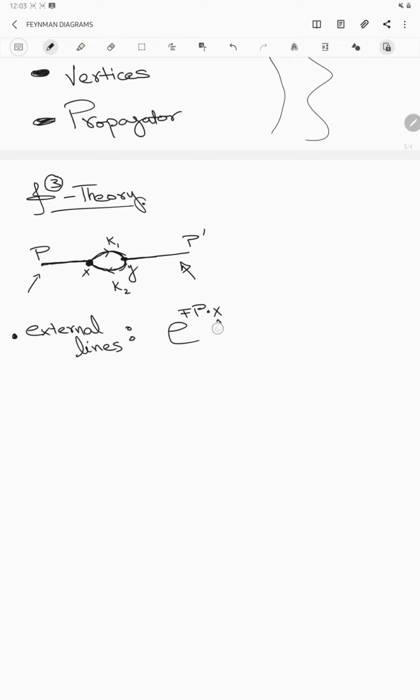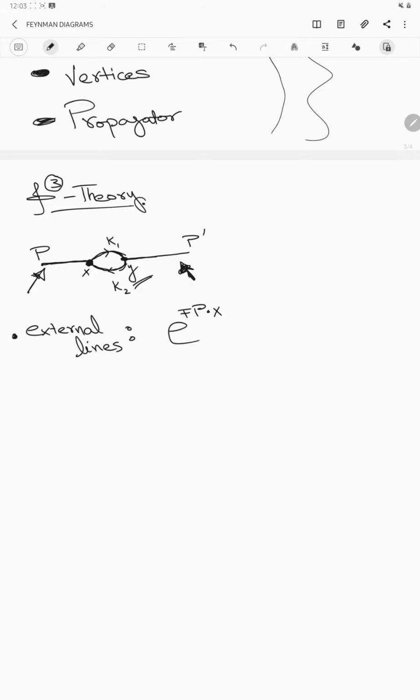And p is the momentum associated with that particular line. So for this one, you would just have exponential negative p dot x, and for this line, you would have exponential positive p prime dot y, because the vertex over here is y.